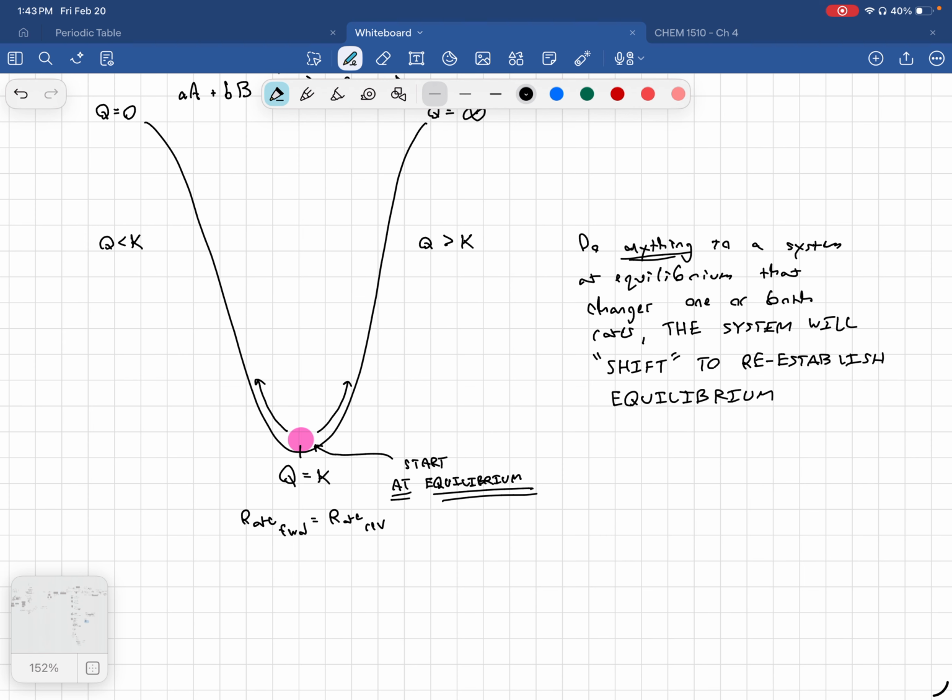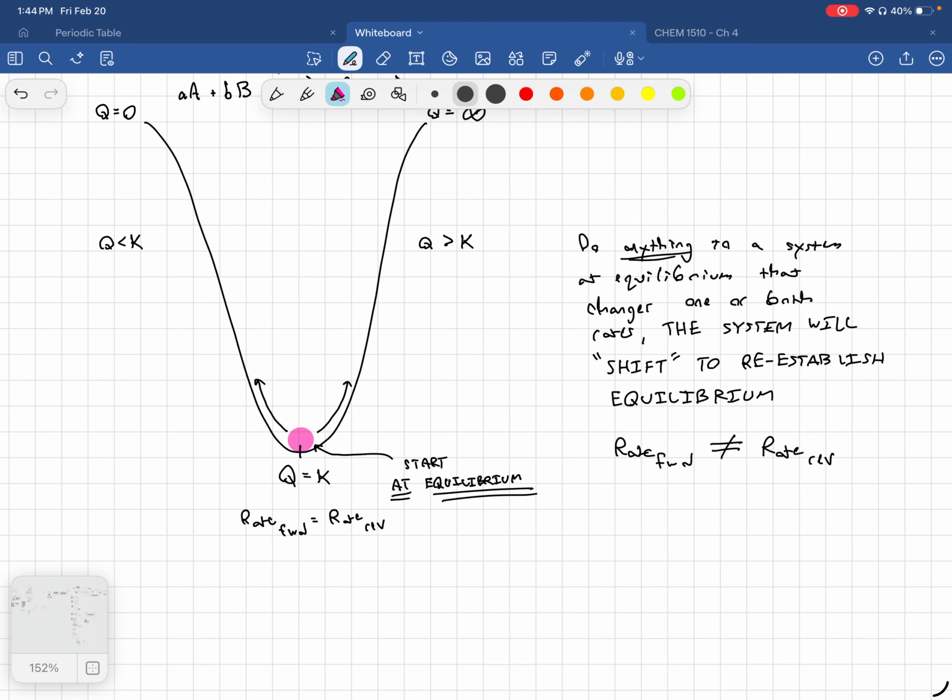In other words, anything that causes the forward and the reverse rates to no longer be equivalent, then you've knocked the system out of equilibrium. The system will attempt to reestablish equilibrium by shifting, consuming more reactant and forming more product, or forming more reactant and consuming more product, to get back to equilibrium.